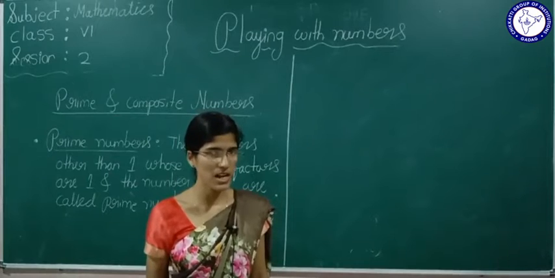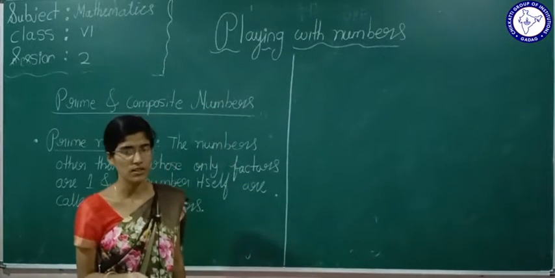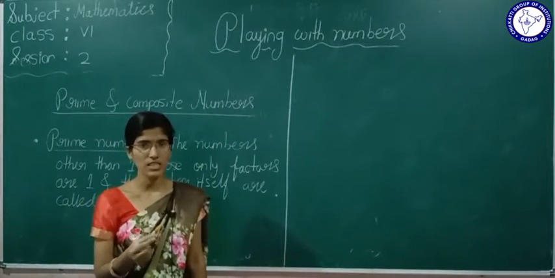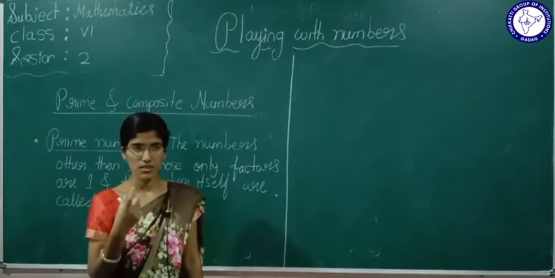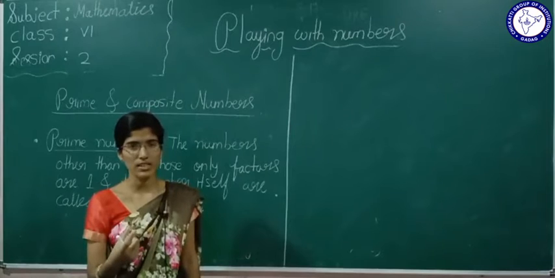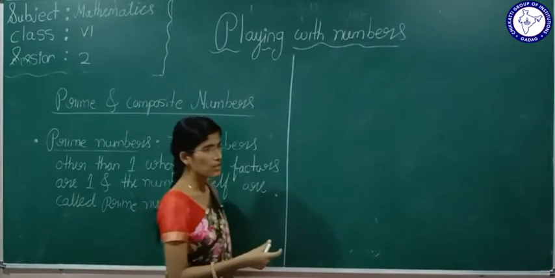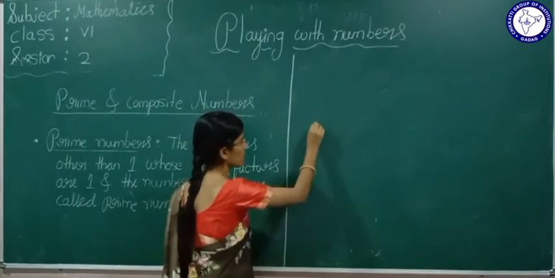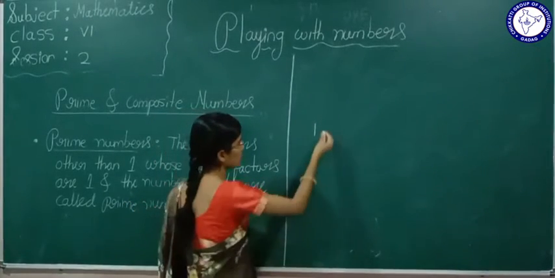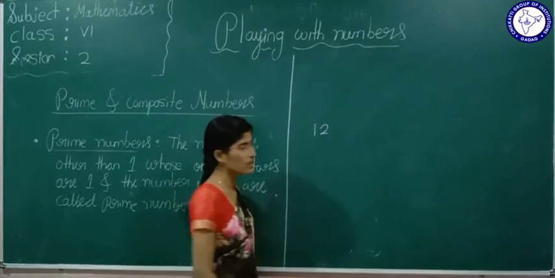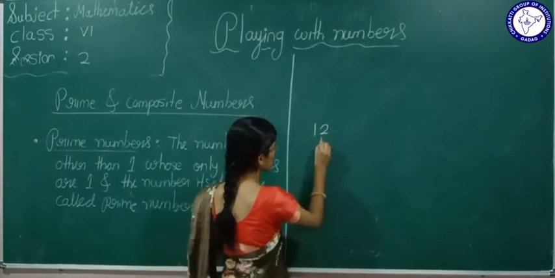In last class I explained to you the meaning of factor. The number which divides the given number exactly is a factor of the given number. Now see here, I will give 12. What are the factors of 12, students?